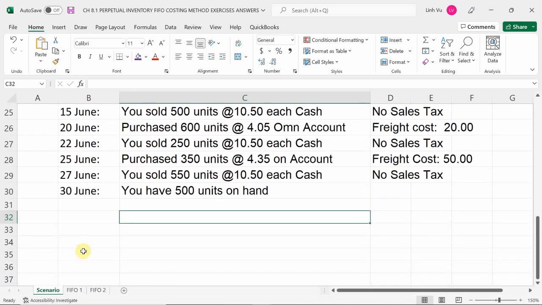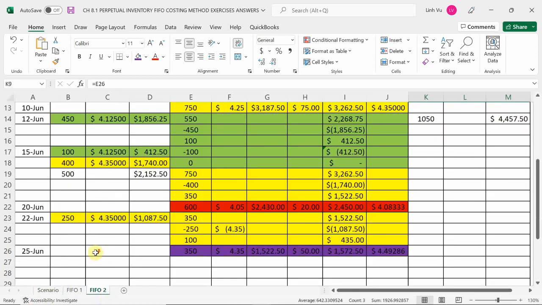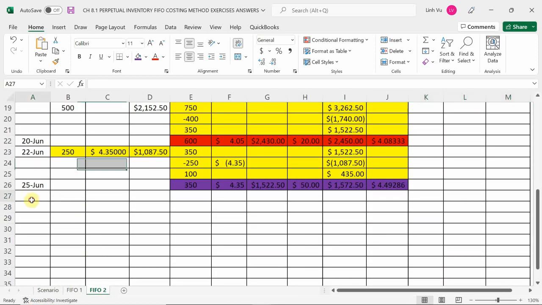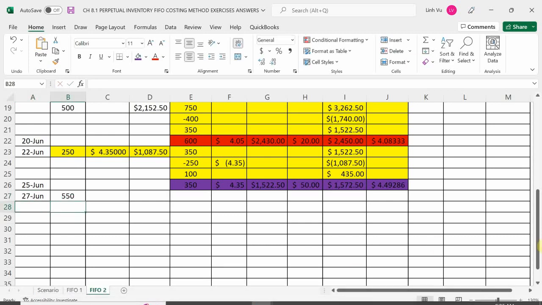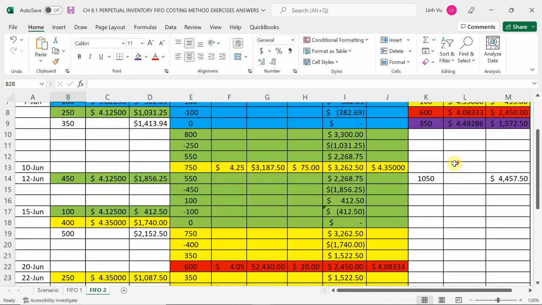June 27, you end up selling 550 units at $10.50. So in this case, 550 on June 27. I have 3 batches of inventory.